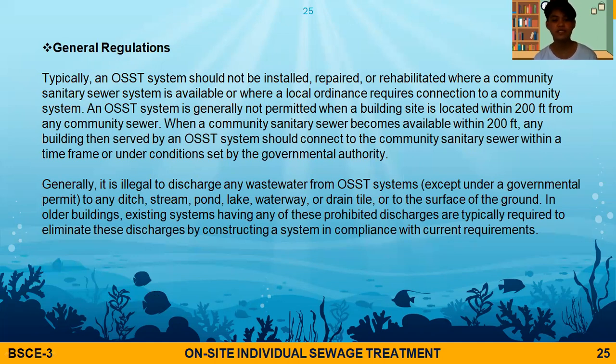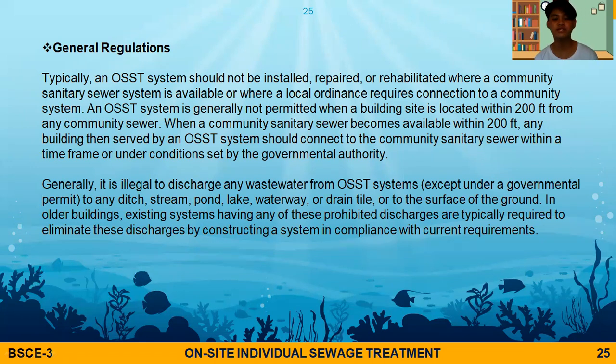An OSS system is generally not permitted when the building site is located within 200 feet of a community sewer. When a community sanitary sewer becomes available within 200 feet, any building then served by an OSS system should connect to the community sanitary sewer within a time frame or under conditions set by the governmental authority.